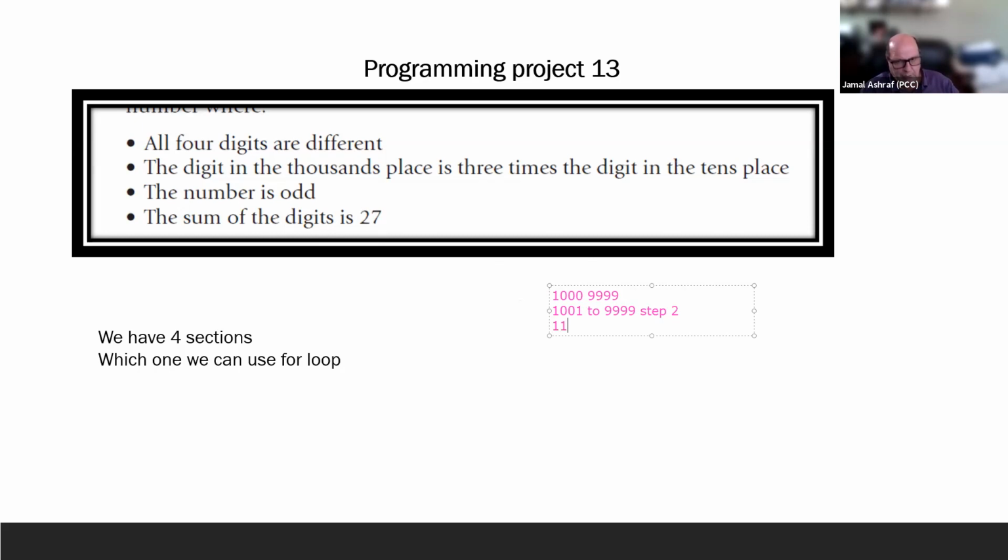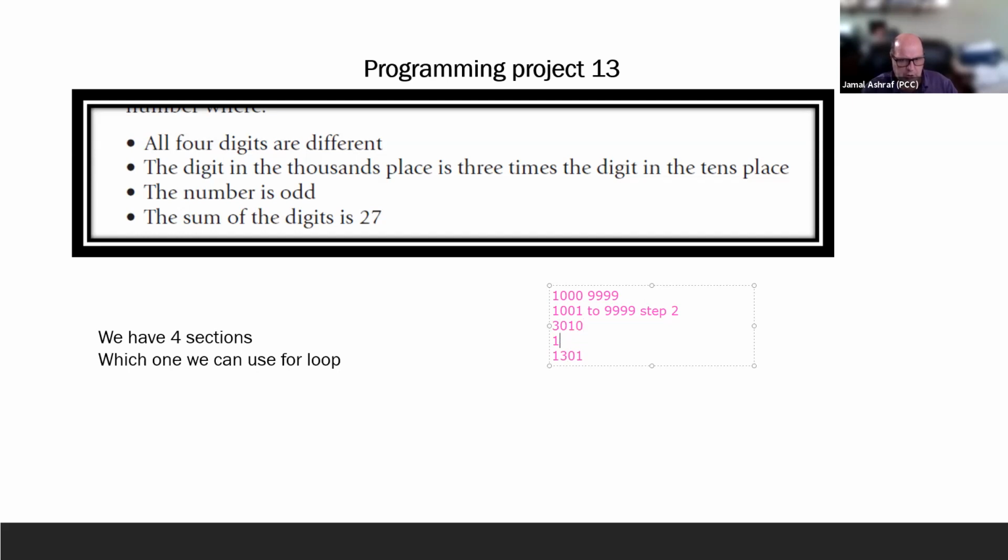So I can have 1101, I can have 1201, I can have 1301. Of course, this has to be 3 times bigger than that. I'm sorry, I got it wrong. So 3010.